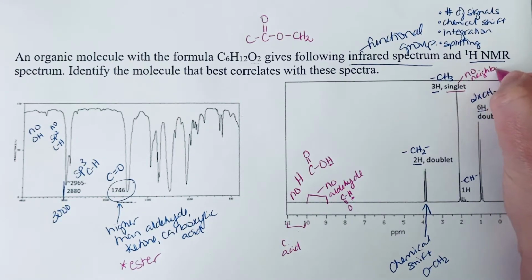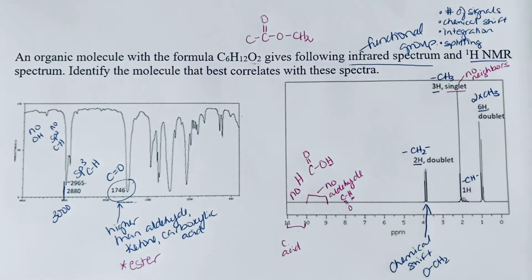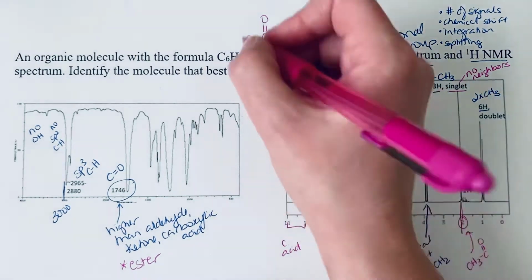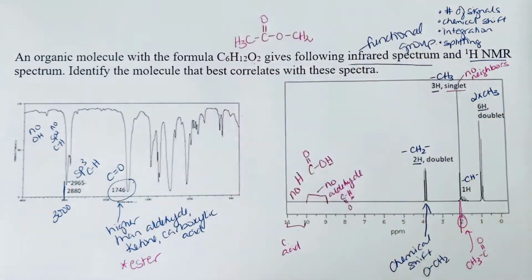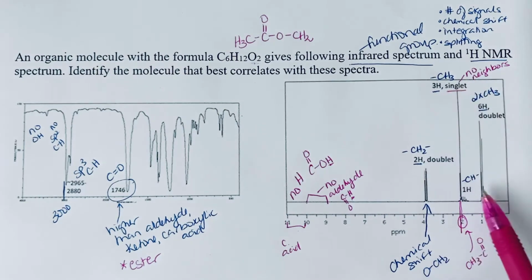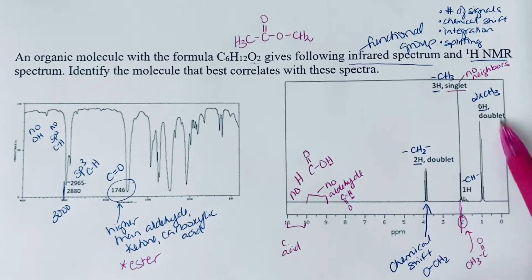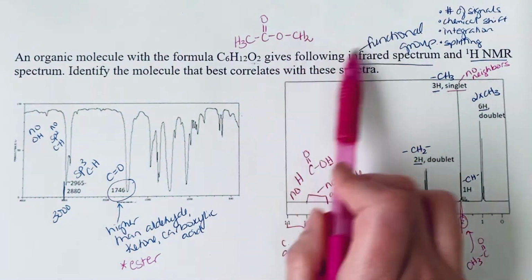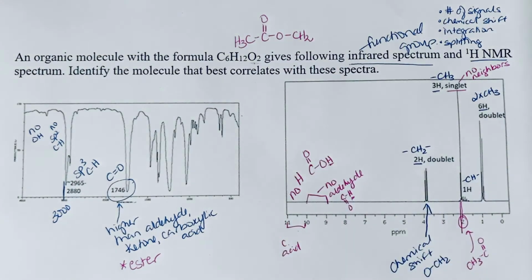So no neighbors. And it's also at a chemical shift of around 2. That looks like it might be next to a carbonyl. So I'm going to suspect that we have a CH3 group on this side of the carbonyl. And the fact that that's a singlet having no neighbors and these other signals all have splitting makes me think that they're attached together in some way on this side of the molecule where they could cause splitting.